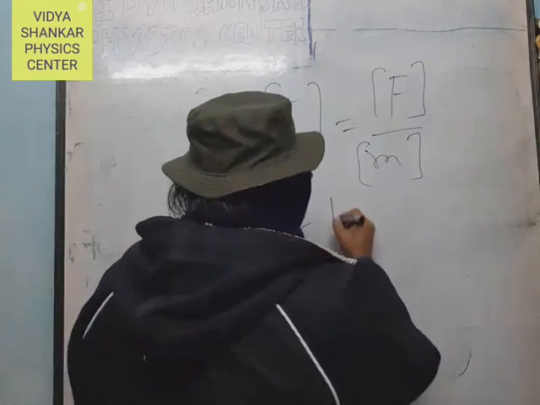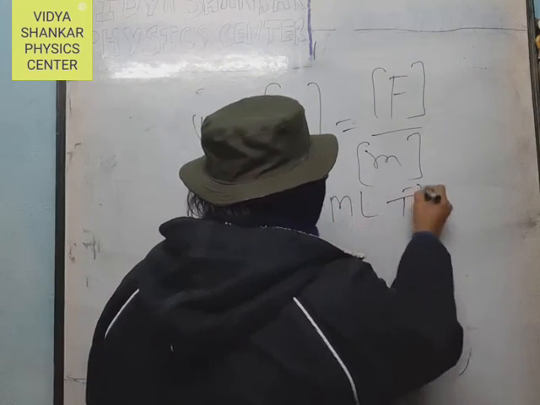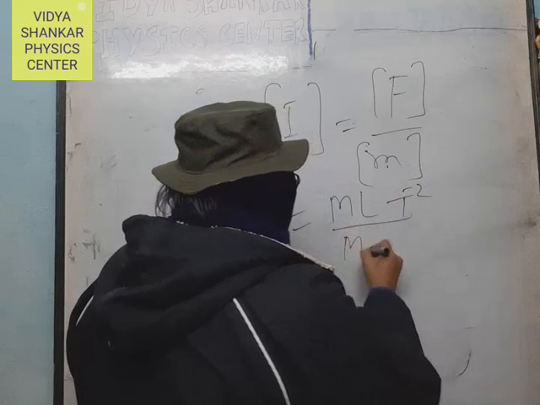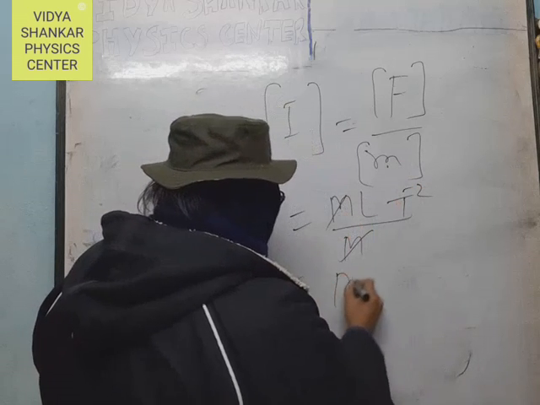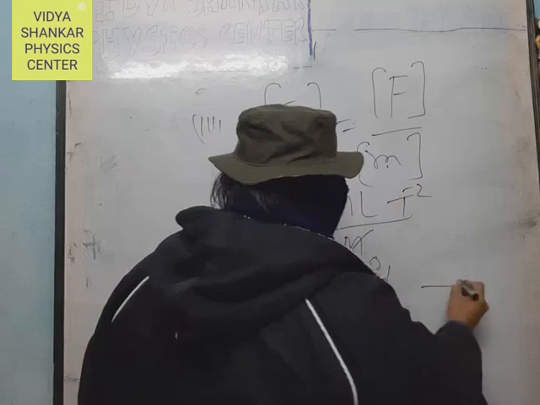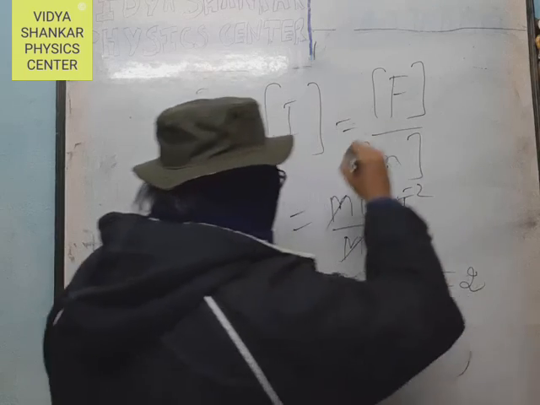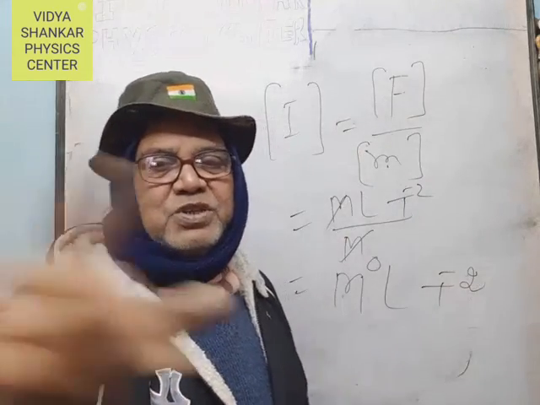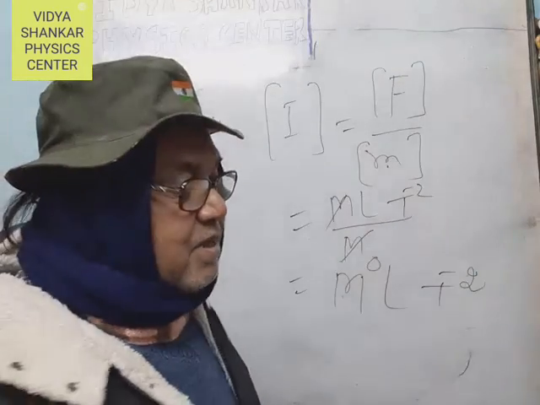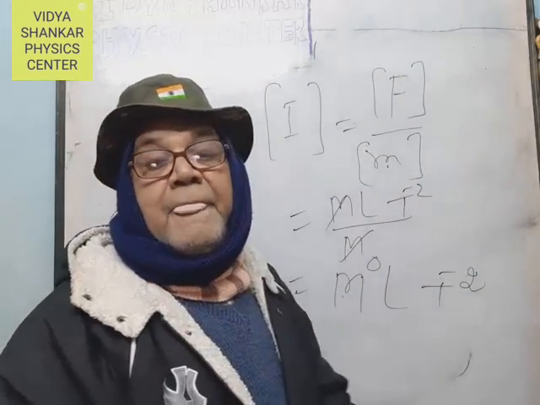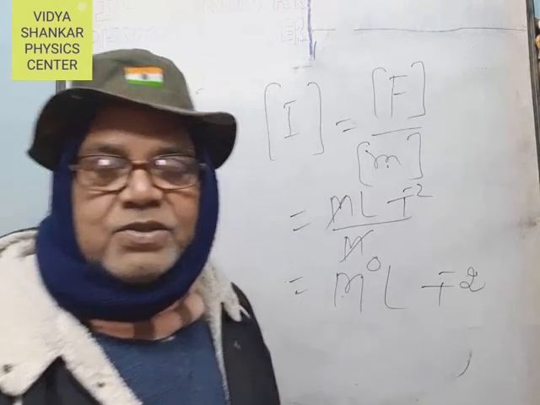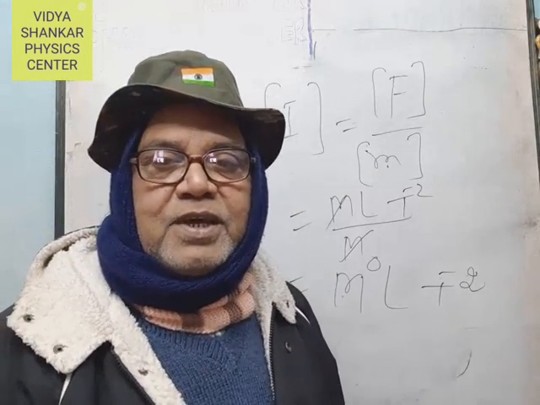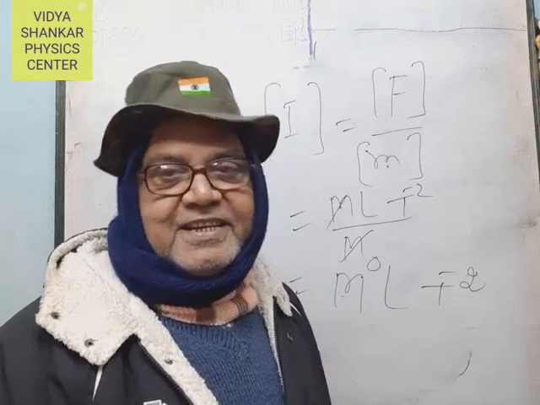M L T minus 2, capital M cancel, therefore M0 L T minus 2. There is no meaning of M0. M0 means 1. LT minus 2. The dimension of the intensity of gravitational field is also equal to the dimension of the acceleration here.